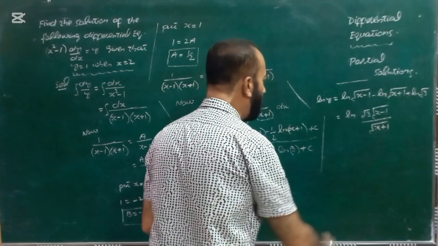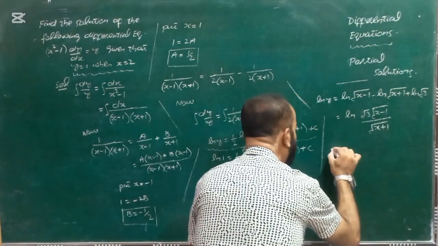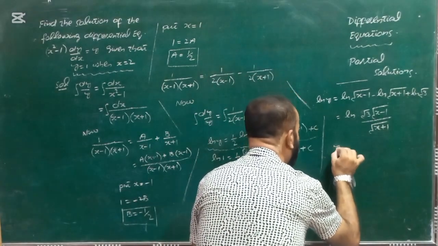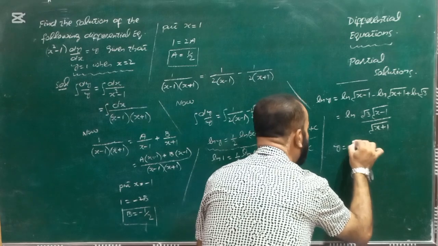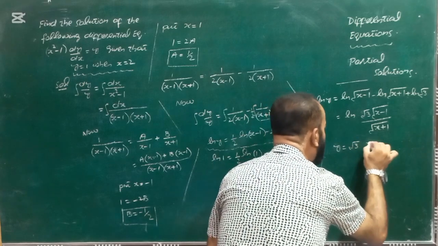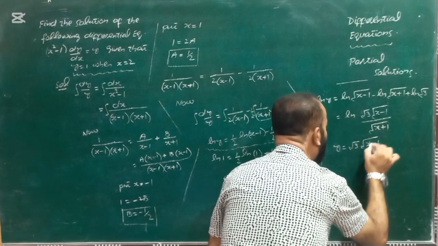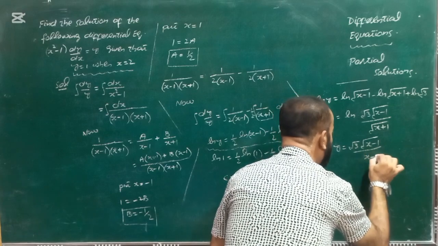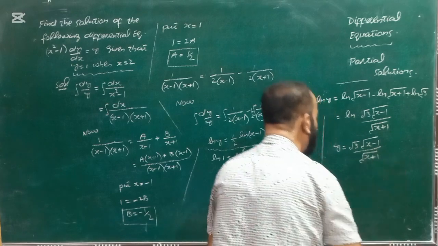Okay, the next step will be y will be equal to square root 3 into x minus 1 square root over x plus 1 square root. So this is the answer.